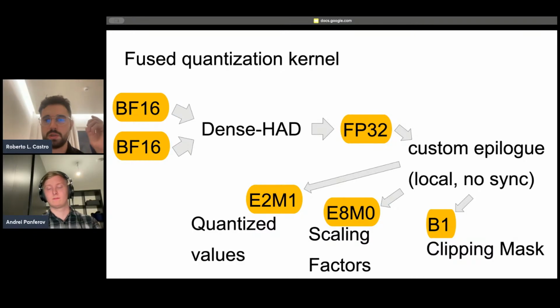So no synchronizations are needed. We just need to take our information after the Hadamard transformation, compute these output elements, and write them back to global memory, but no extra synchronizations are needed.